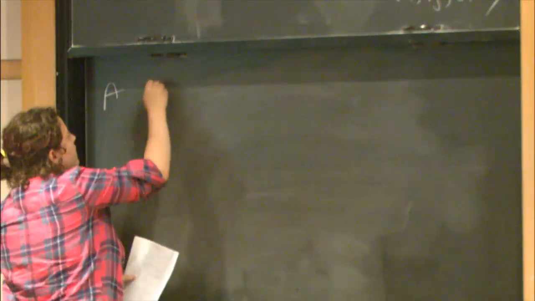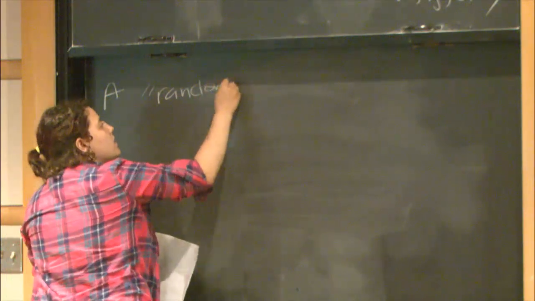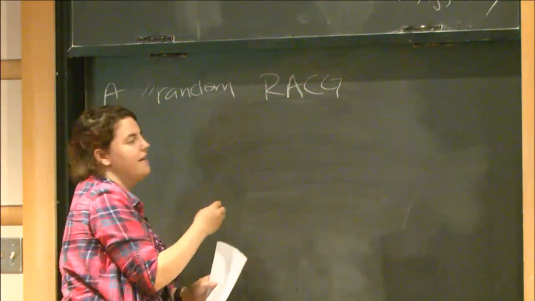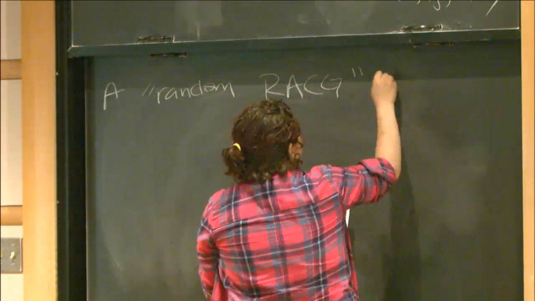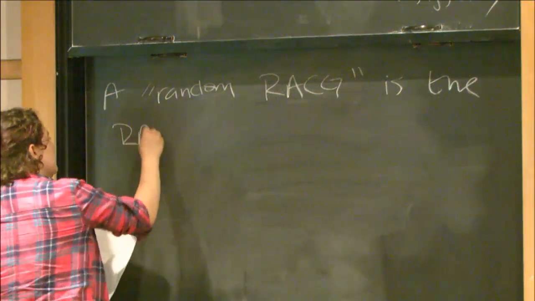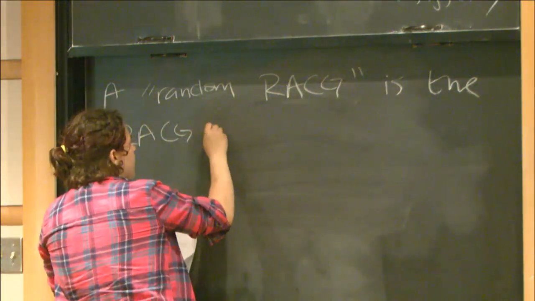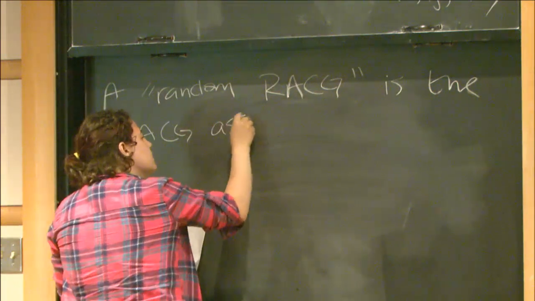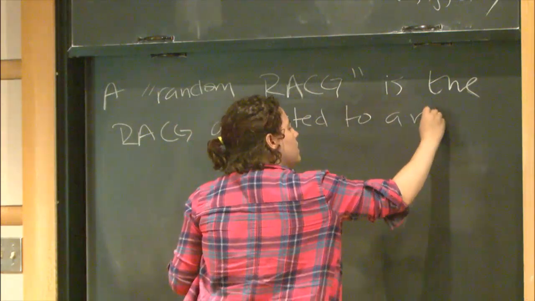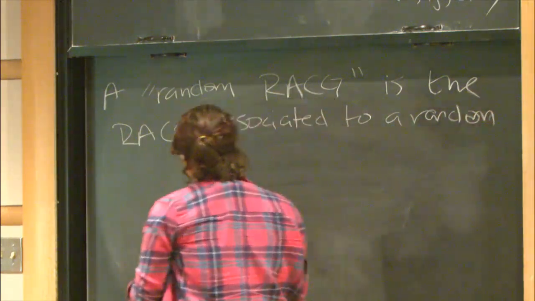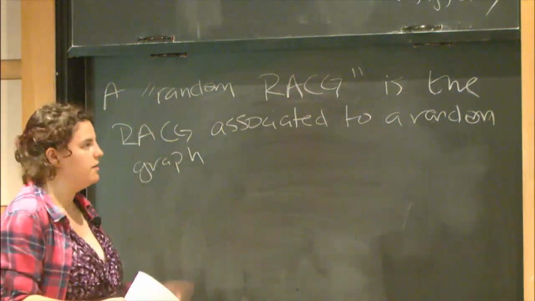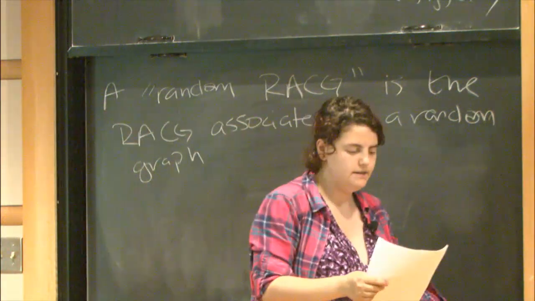A random right-angled Coxeter group, that's how I'm going to abbreviate that, is just the right-angled Coxeter group associated to a random graph. Okay, so I'd better tell you a little bit about what a random graph is.